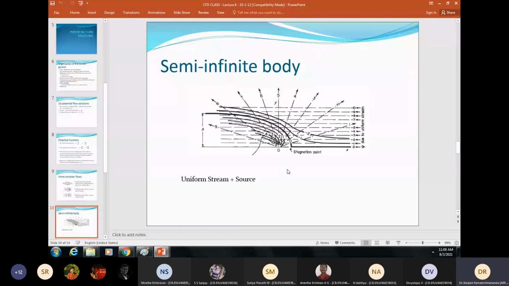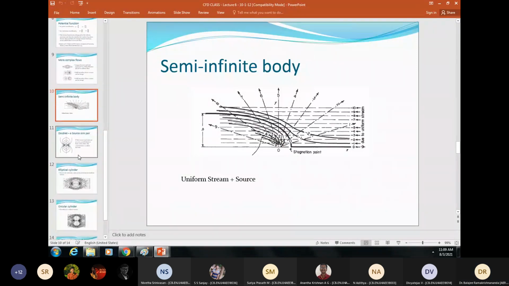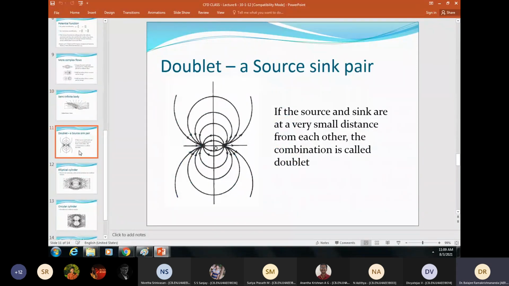You can also put a uniform stream. So you put a source inside a uniform stream. You can simulate a semi-infinite body. You might have done that earlier. Then we have seen what a doublet is last class. Source and sink placed at an infinitesimal distance from each other is called a doublet.